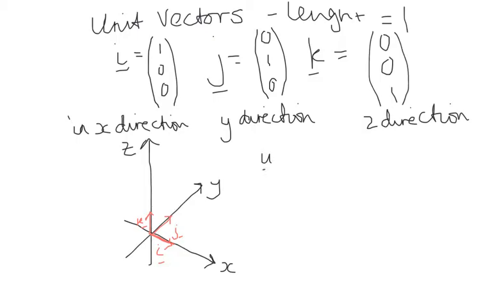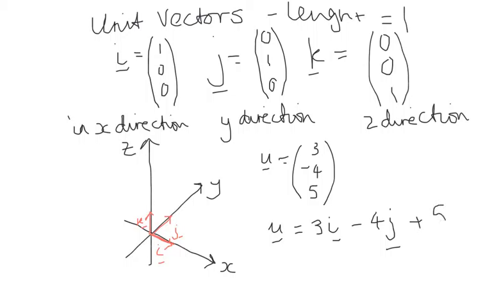If we take, for example, the vector u, which we've been writing as (3, -4, 5) in a vertical bracket, we can write this as 3i, because it's length 3 in the x direction, subtract 4j, because it goes 4 in the negative j direction, and plus 5k, because it goes 5 units in the z direction.